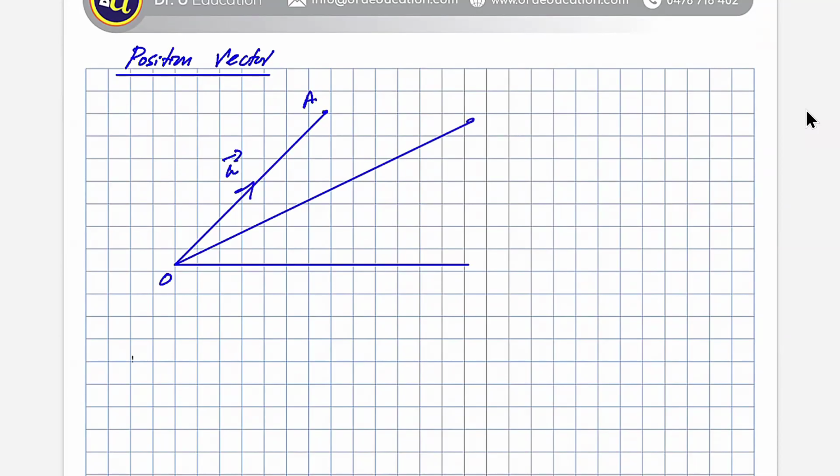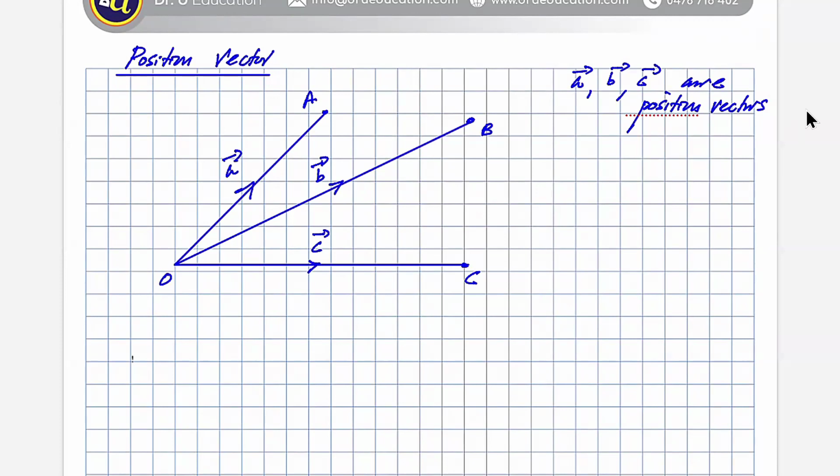This is A. This is B. This is C. So what we say is A comma B comma C are position vectors.